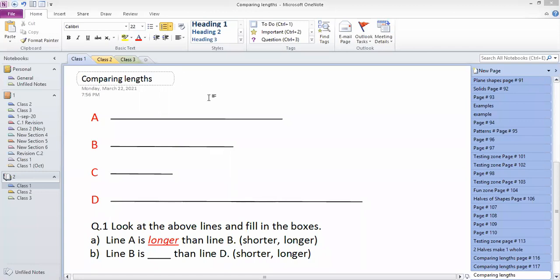Look, line B is long from here. You can see how long line B is. And you can see that D starts from here and reaches up to here. So which is longer, B or D? D is longer. So is line B shorter than line D or longer than line D?